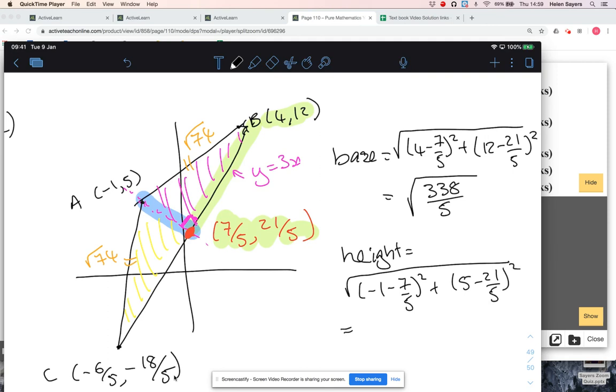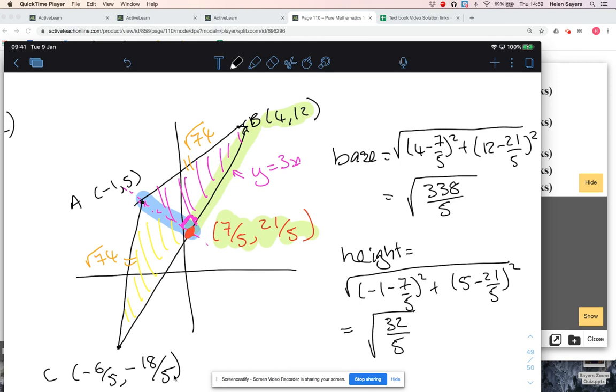Again, that's going straight to the calculator. So -1 minus 7 over 5. Okay, so that is giving me the square root, and I'm not even bothered putting the surds into my calculator. So that is giving me the height.